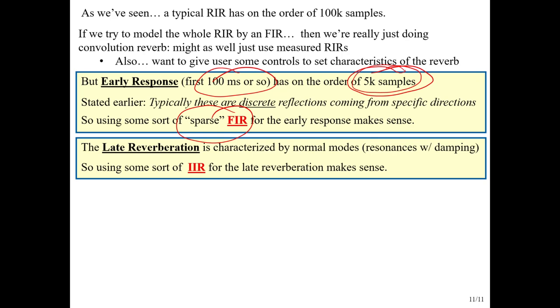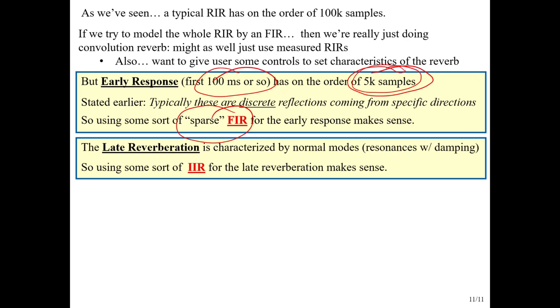Whereas for late reverb, that sound is bouncing all around. It is just like we think about an IIR filter. The sound gets recycled back through something that mimics the reflection. And so that's a natural characterization for IIR. And also we know that IIRs are exactly what we need to make peaky resonant modes, right?